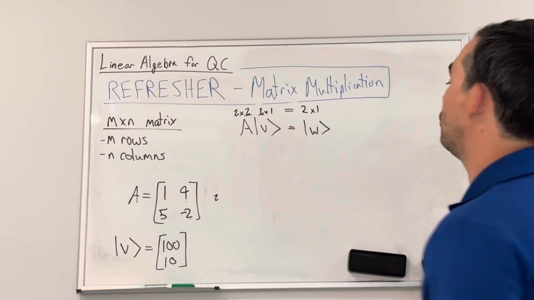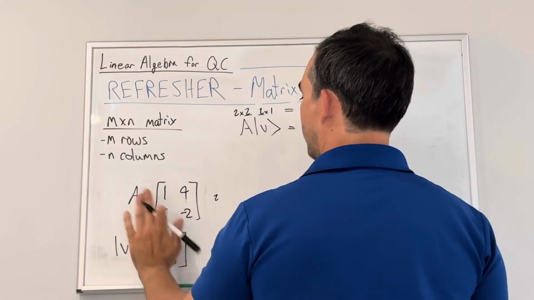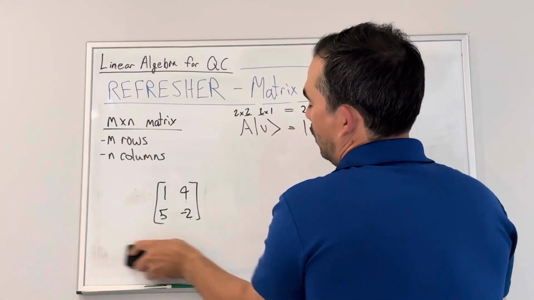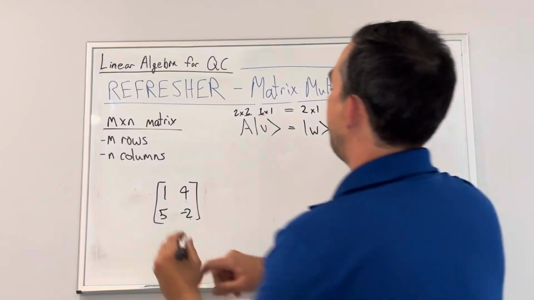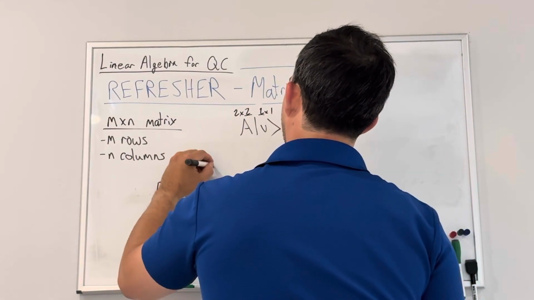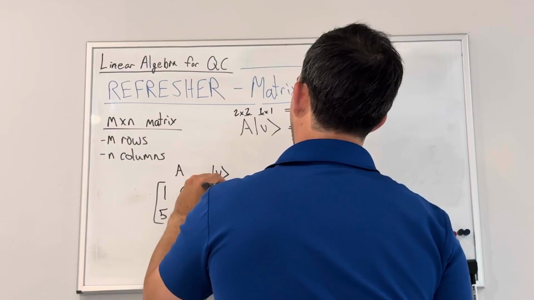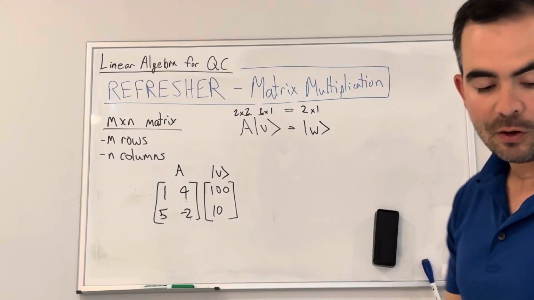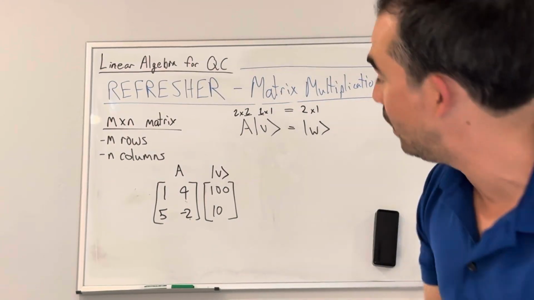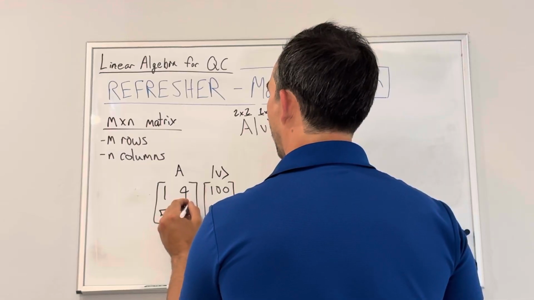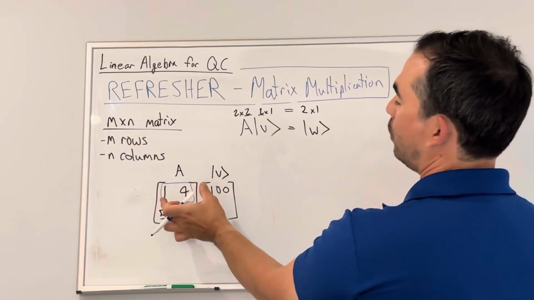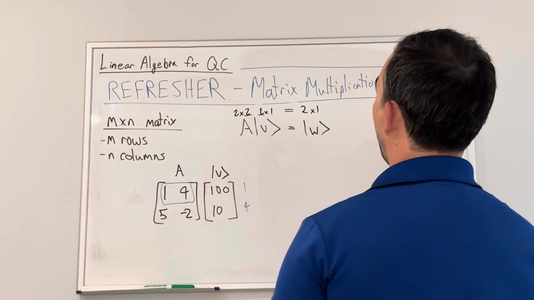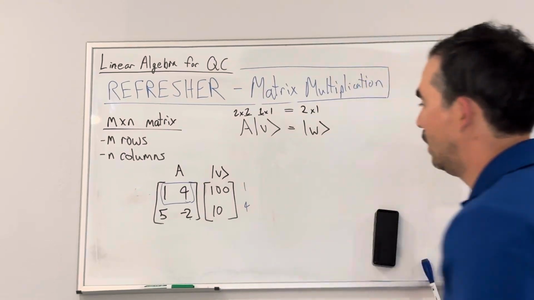So let's actually run through the math. I'll rewrite this over here: matrix A being multiplied by vector V, which as we said was 100, 10. The way you multiply is you take this top row and turn it sideways and multiply the pieces, so it's 1 and 4.